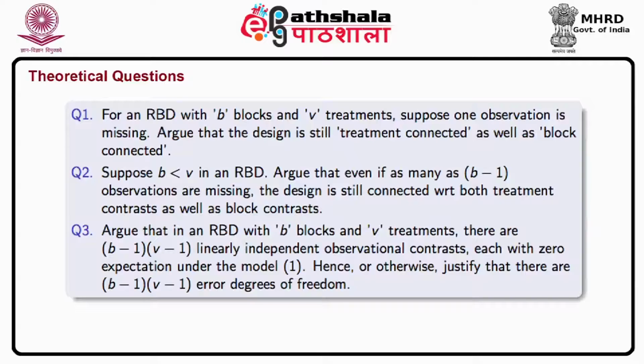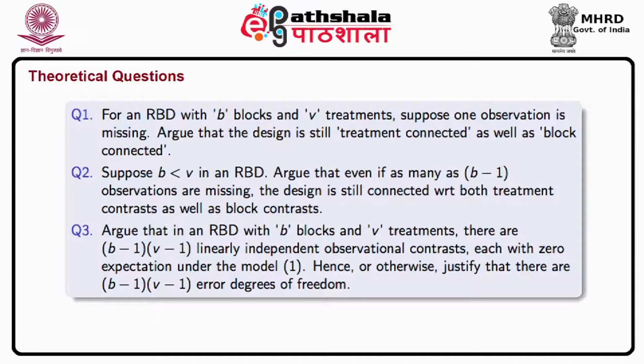It's not just from the splitting of the total degree of freedom and then taking into account the degree of freedom due to blocks or due to treatments. There should be definitely so many mutually orthogonal observational contrasts with zero expectation. So that is the problem here. You show that indeed in an RBD there are B minus 1 times V minus 1 linearly independent observational contrasts.